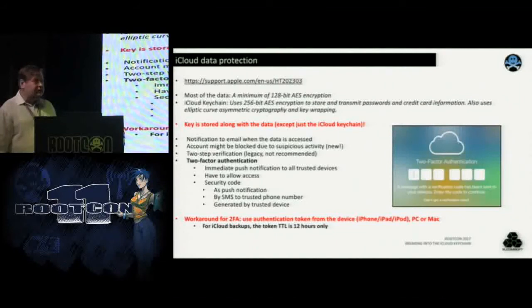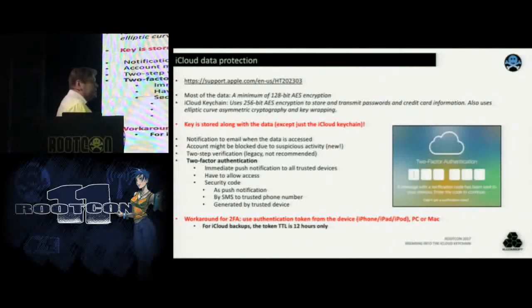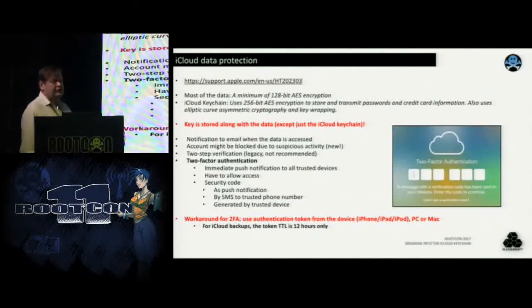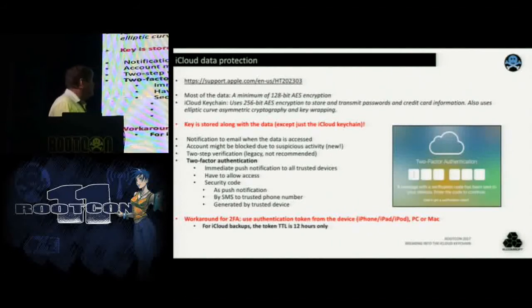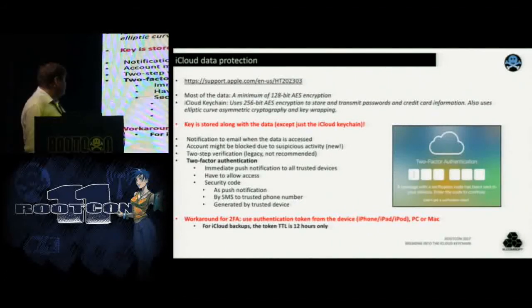How is the data in iCloud protected? There is a document in the Apple knowledge base that describes, well, not in detail, but at least the algorithms of how the data is encrypted. And this is the difference between the usual iCloud data, which uses AES with a 128-bit key, and the Keychain, which is encrypted stronger with different keys.